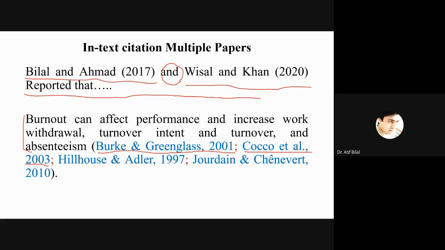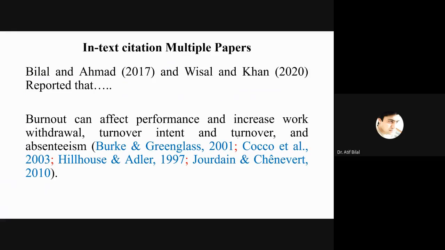The other paper, Cooke et al., is also saying the same thing, which was published in 2003. Then Hillhouse and Adler 1997 is saying the same thing. And then Jordan and Chenevert 2010 are saying the same thing. Now, the main thing that we need to understand here is how do we make the difference?